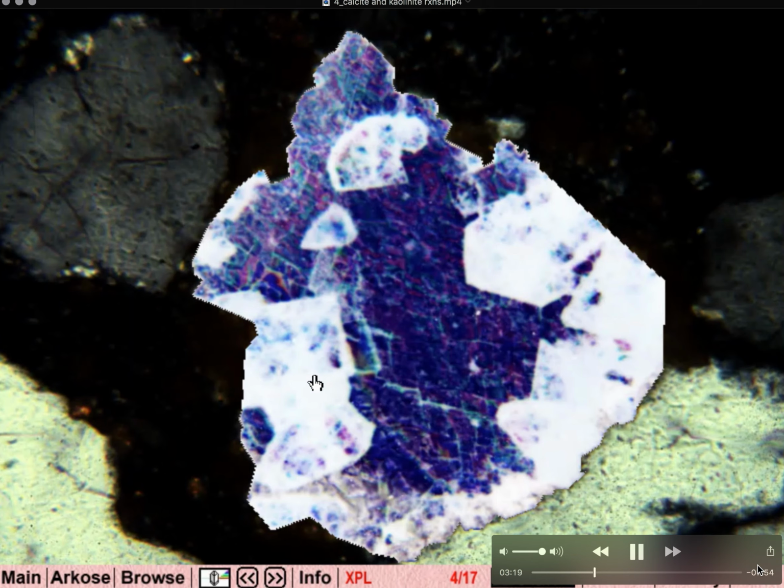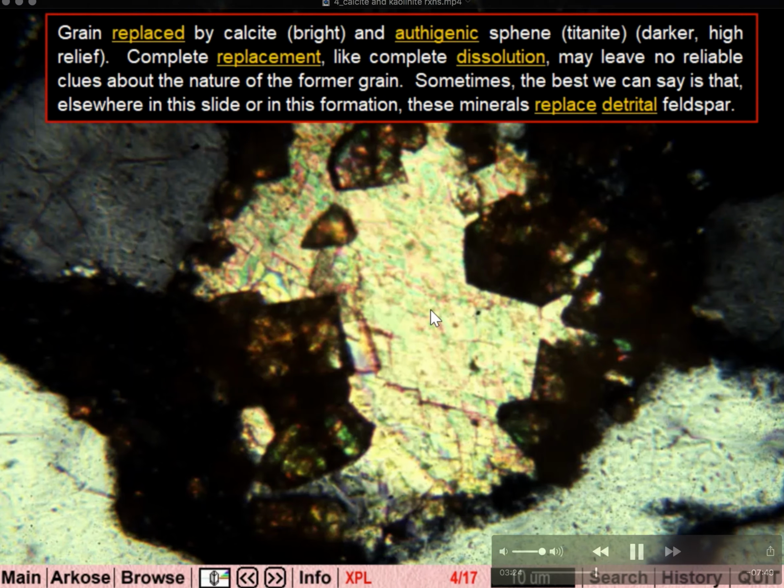So it's quite possible, and see how the titanite really stands out here, it's quite possible that the titanite is here because previously, at the time of deposition, there may have been a mineral called monazite, which is a titanium phosphate.